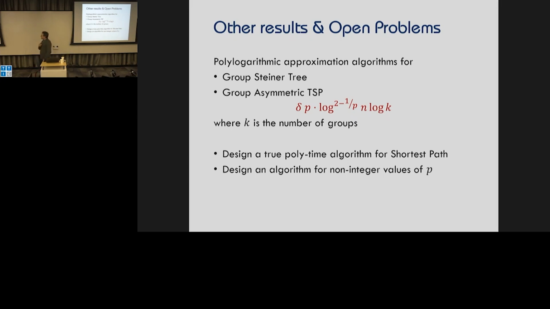And the main open problems in this area are to design a true polynomial time algorithm for shortest path. So far, basically, we don't know any polylogarithmic true polynomial time algorithms for the problem, and also to design an algorithm for non-integer values of p.